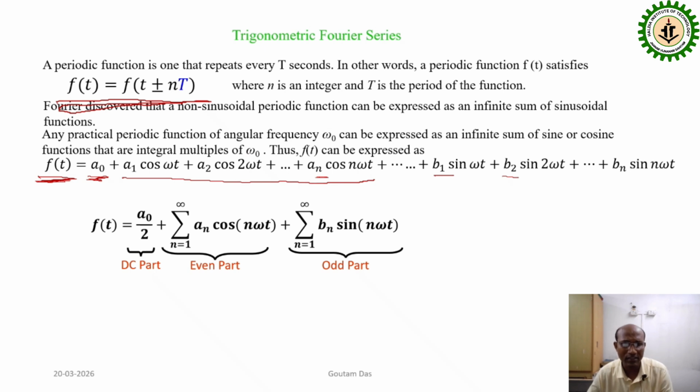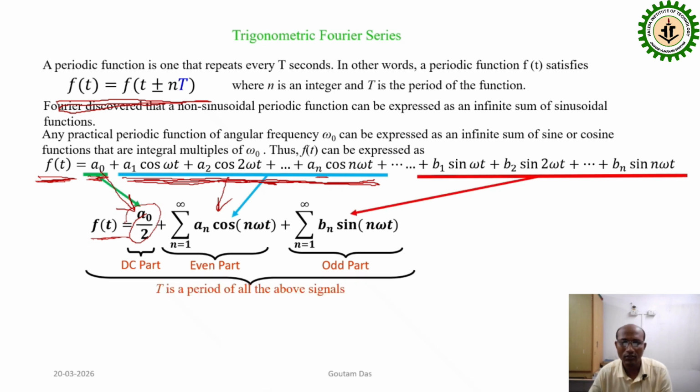So combining these functions, we can represent the function f of t. That is a0 by 2, the DC component. Then all these are cosine functions, and we know cosine functions are even functions, so these are a set of even functions. Then the third one, all sine functions, are a set of odd functions, since sine is an odd function.